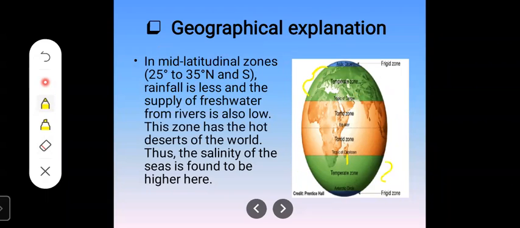The green part you can see, that part is known as the mid latitudinal zone.